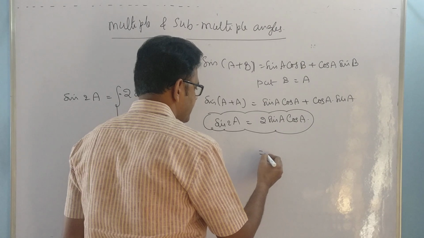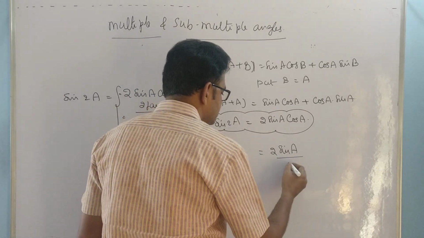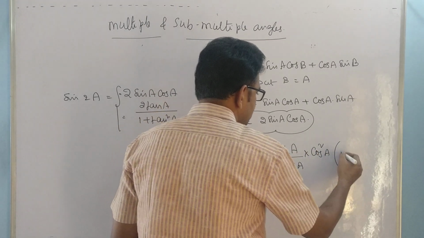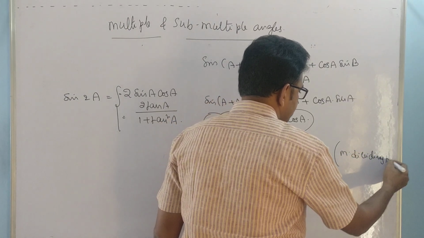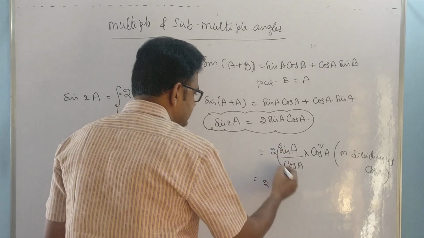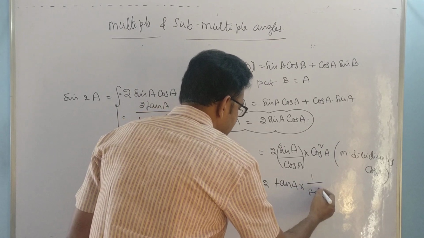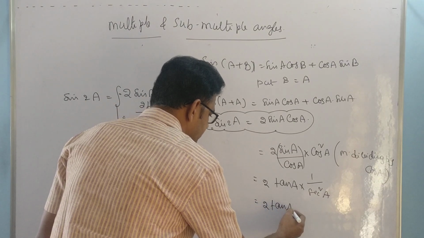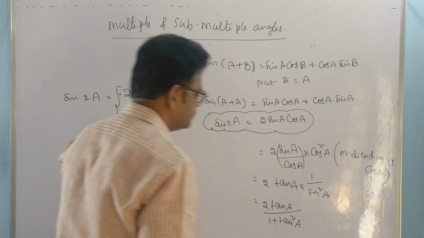And for this, 2 sin A cos A, multiplying and dividing by cos A, that is 2 tan A into cos square A, and cos square A is 1 by secant square A. So this is 2 tan A by 1 plus tan square A. Secant square A means what?